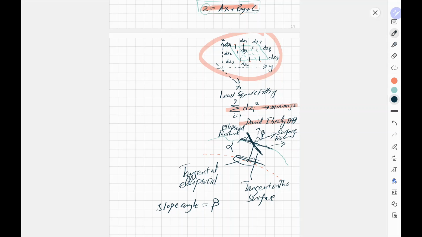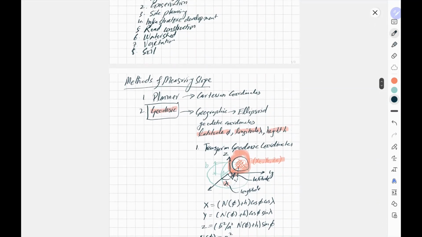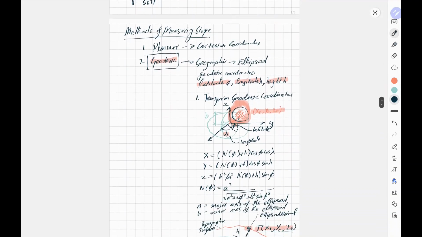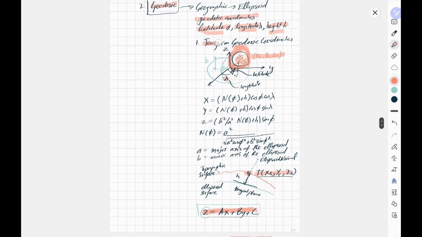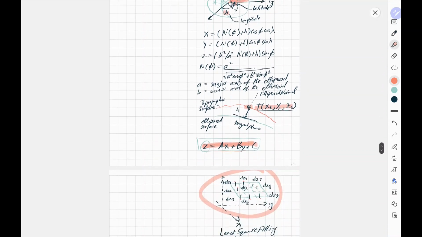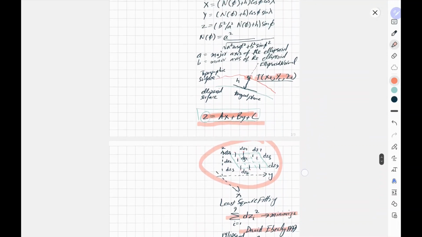If I summarize this method once again: in the geodetic method, we have angular coordinates, latitude, longitude, and height, altitude. We transform these coordinates into x, y, z. At that particular xyz, we try to fit a surface represented by this equation.